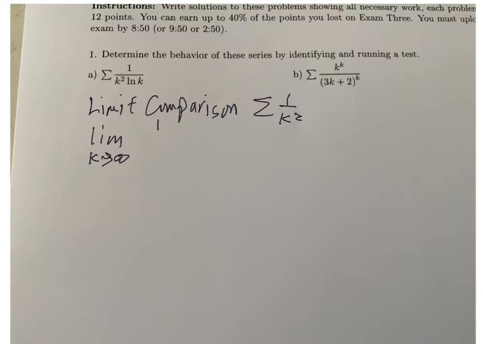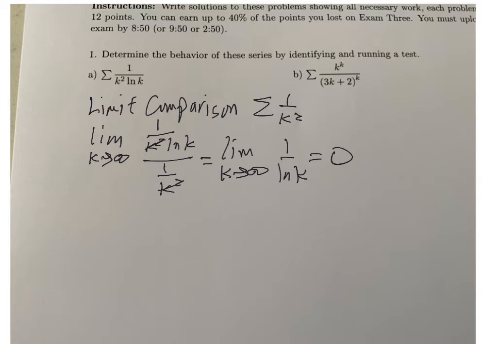The thing we don't know, the sequence, goes in the top. The thing we do know goes in the bottom. Notice those k squareds cancel out, and we get the limit as k goes to infinity of 1 over ln k, which is 0. The log goes to infinity, so 1 over log k goes to 0.